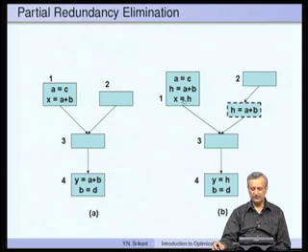So, we have converted a partially redundant computation to a fully redundant computation by breaking this particular edge and introducing this computation of A plus B. The challenge is in detecting that this is a partially redundant computation, and then taking steps to see how we can convert it into a fully redundant computation, and then apply GCSE. This is a very interesting algorithm which we are going to see later.